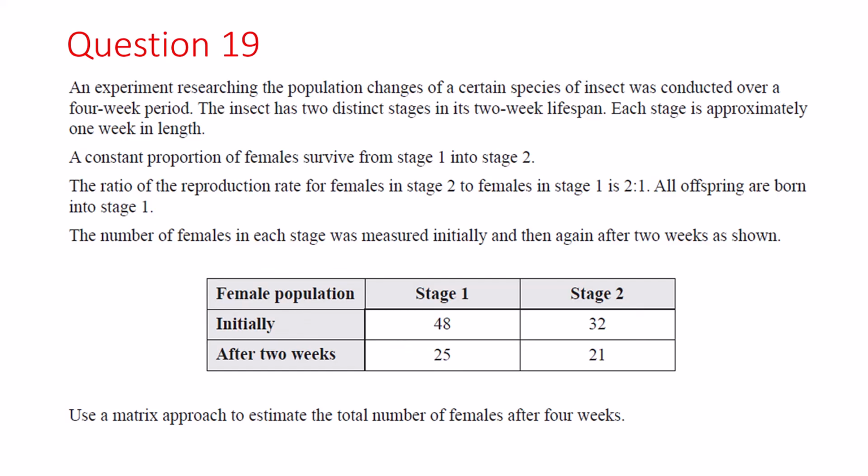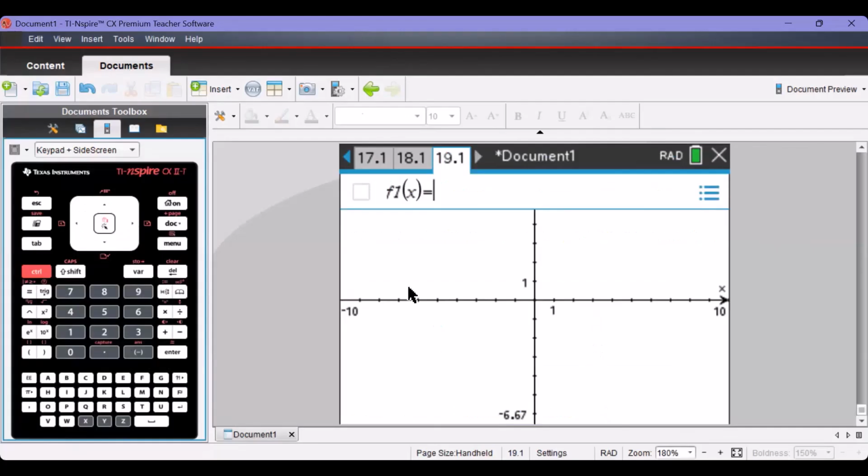From the table, P0 is the column matrix 4, 8, 3, 2, and P2 is the column matrix 2, 5, 2, 1. We also know that P2 is L squared times P0. So calculate L squared given that L is x, 2x, y, 0, and we can form two equations involving x and y, which are relations, and we can therefore use relation graphing to find the point of intersection.